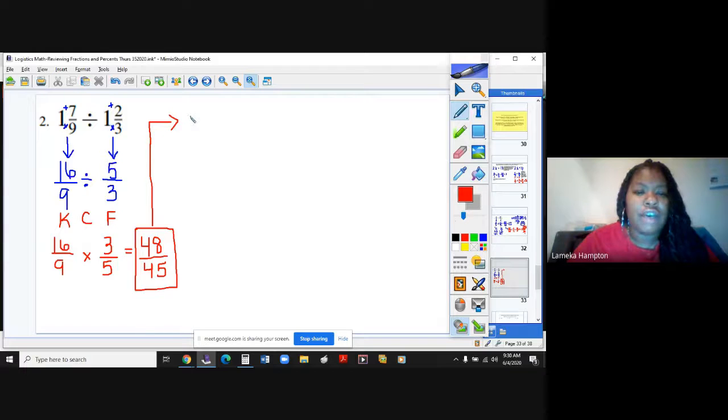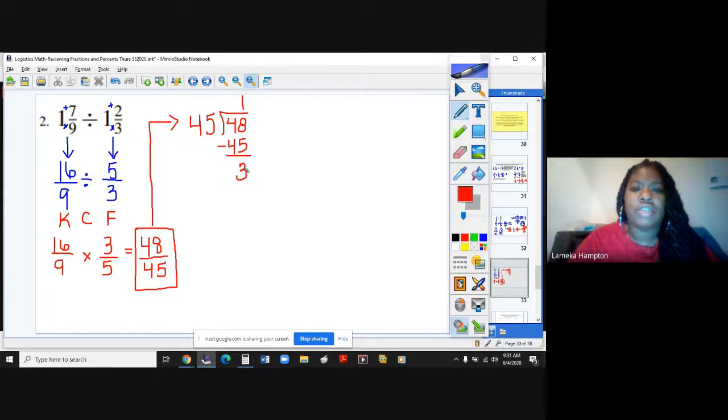So I'm going to divide 45 into 48. 45 goes into 48 one time. 1 is now going to be my whole number. 1 times 45 gives me 45. Remember, any number times 1 will give you that same number. And 48 minus 45 is 3.